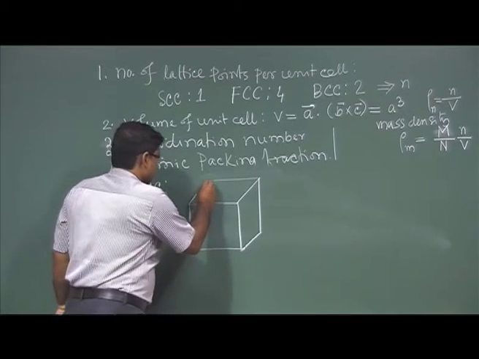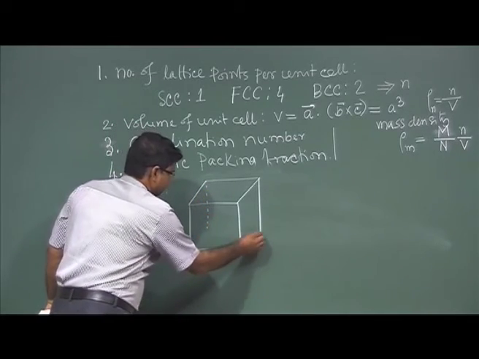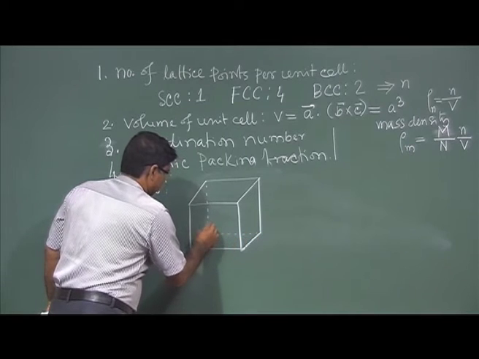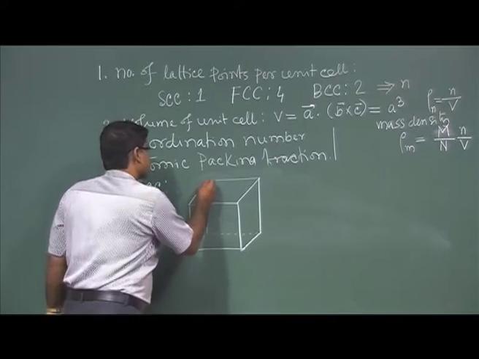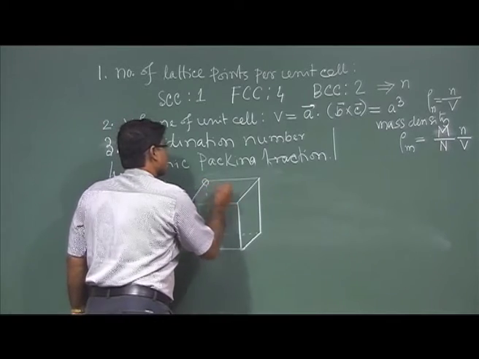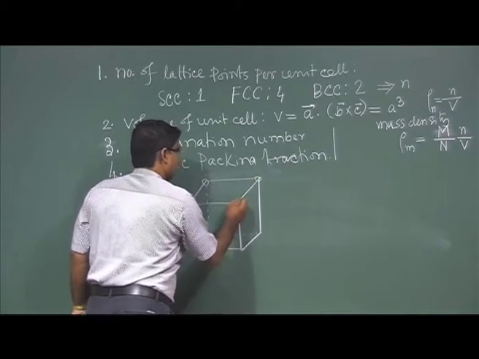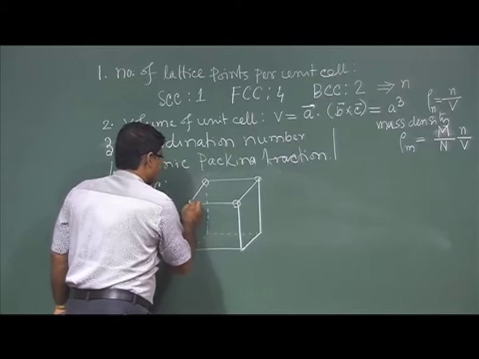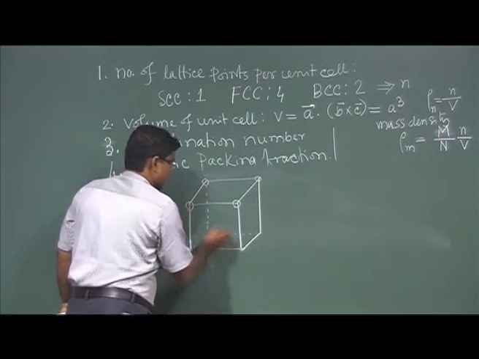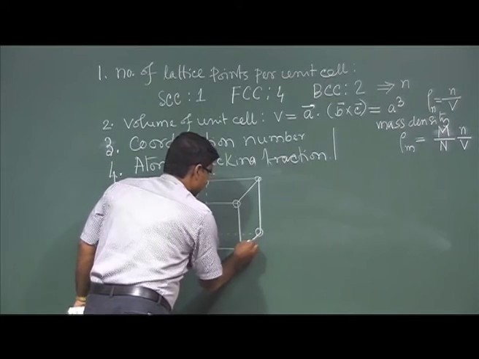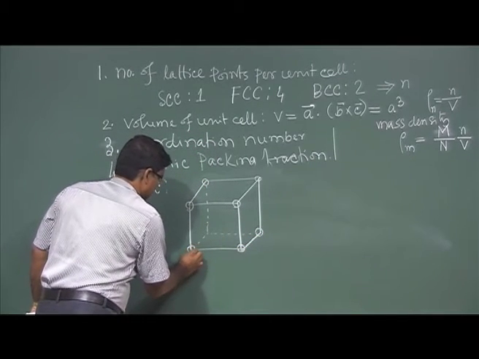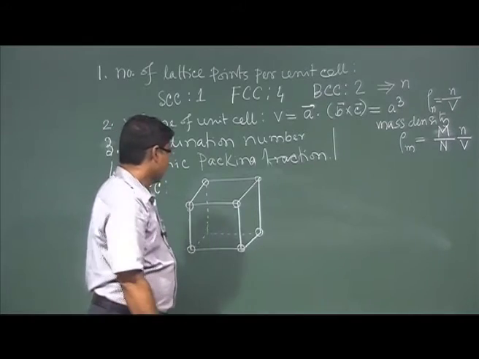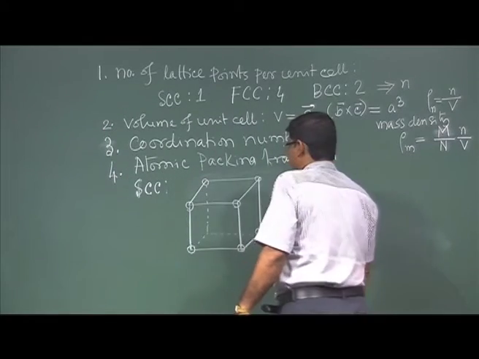So simple cubic has 8 corners, and in each corner there are atoms.